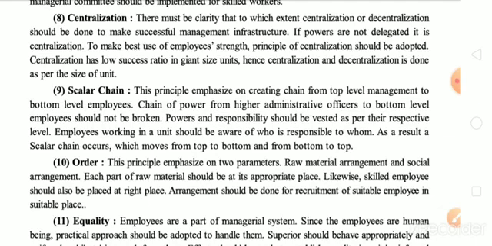So it is a chain on both sides. From one side, the authority moves from top level to middle level to bottom level, while the responsibility moves from bottom level to middle level to top level. In this way, the scalar chain occurs in the business unit.